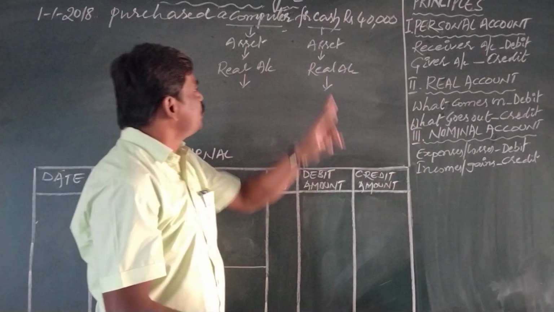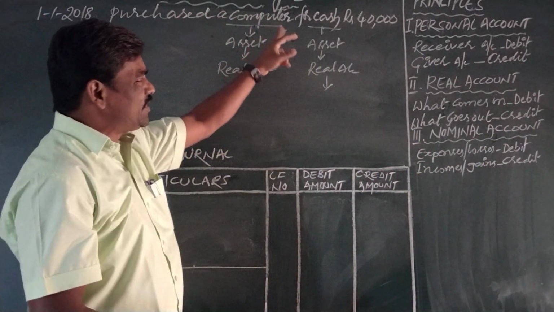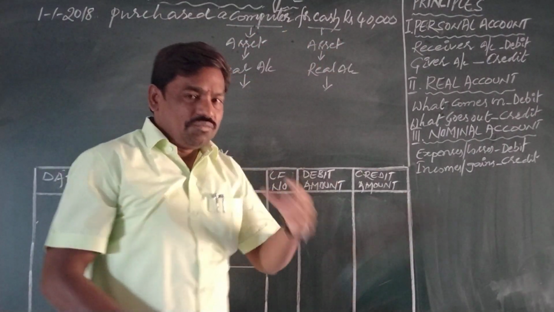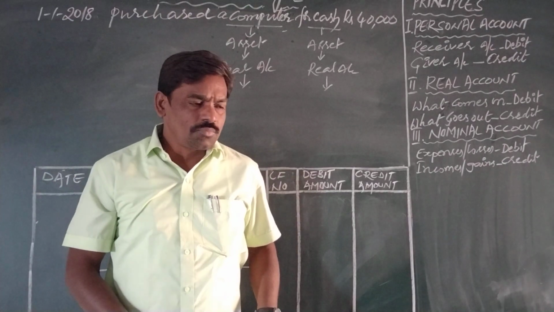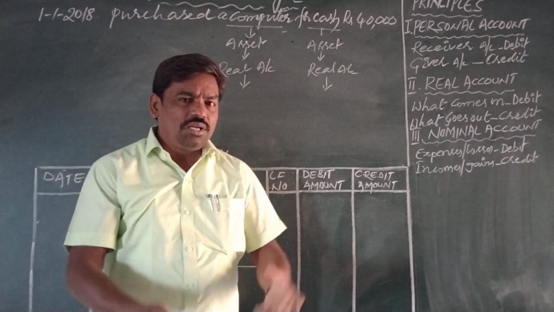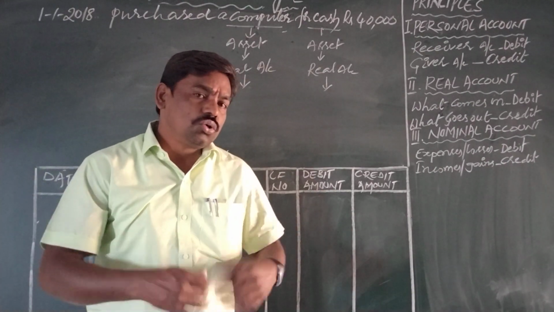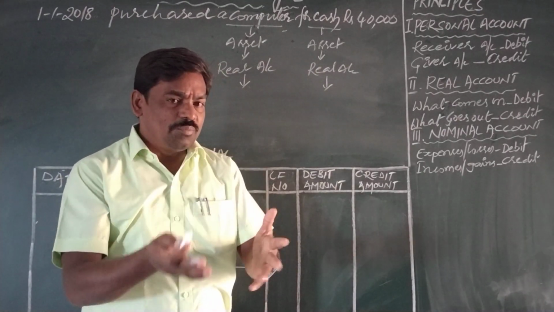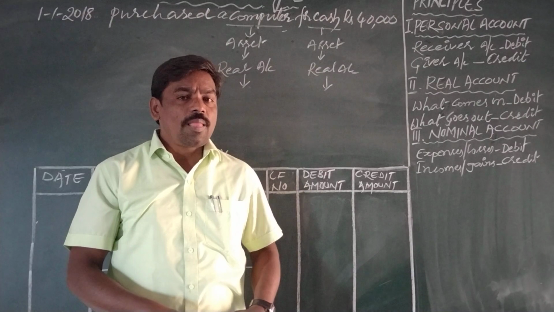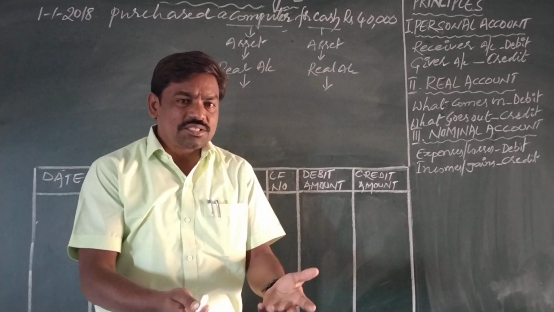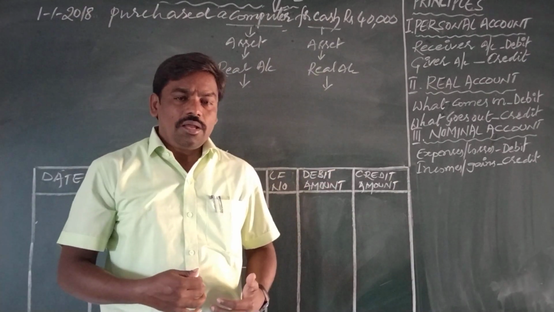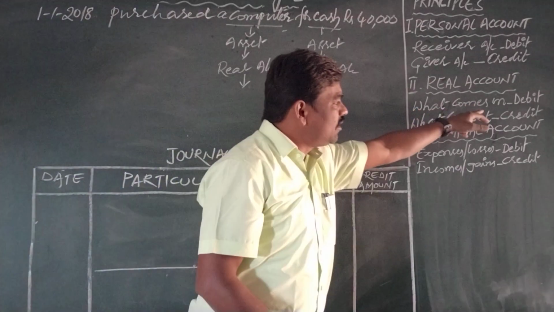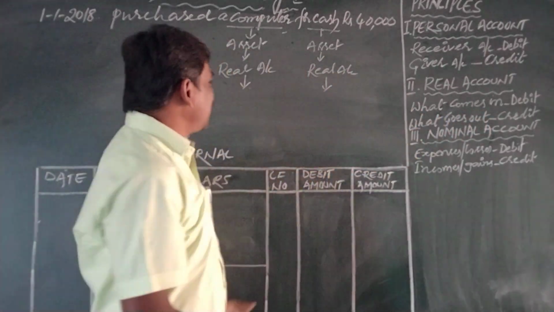As per that principle, when we purchase the computer for cash, is the computer coming into the business or going out of the business? Yes, that is correct. Computer comes into the business because we are purchasing it.